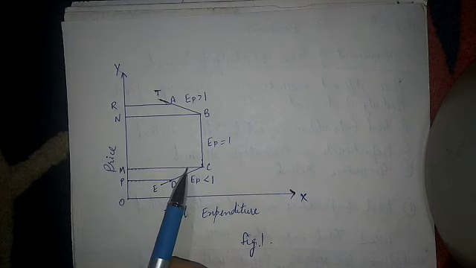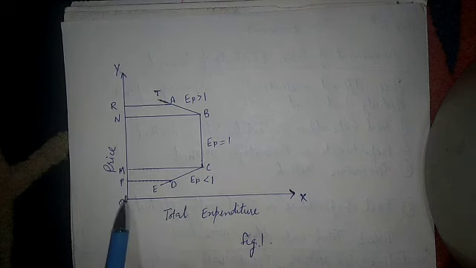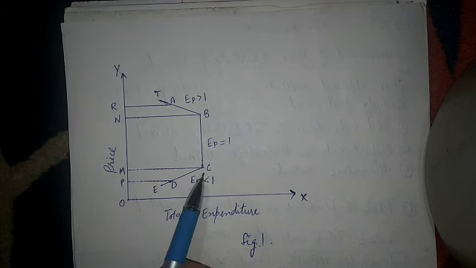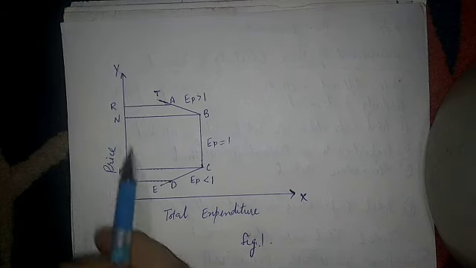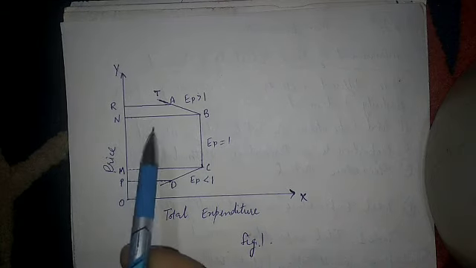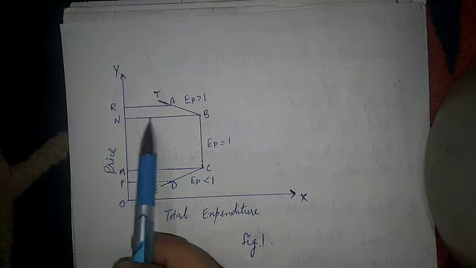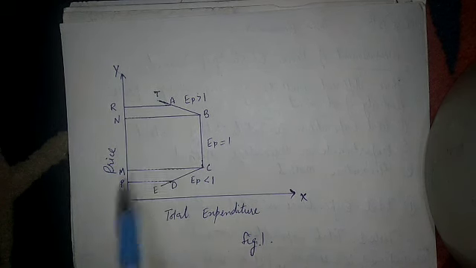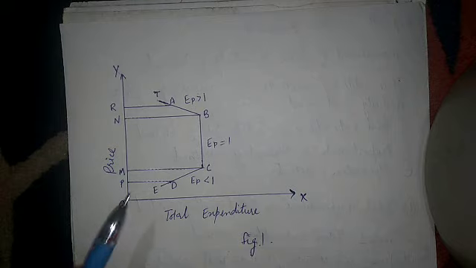How? It shows that when the price is OM, the total expenditure is MC. As the price rises to ON, the total expenditure is NB. That means same as before, equal to MC.